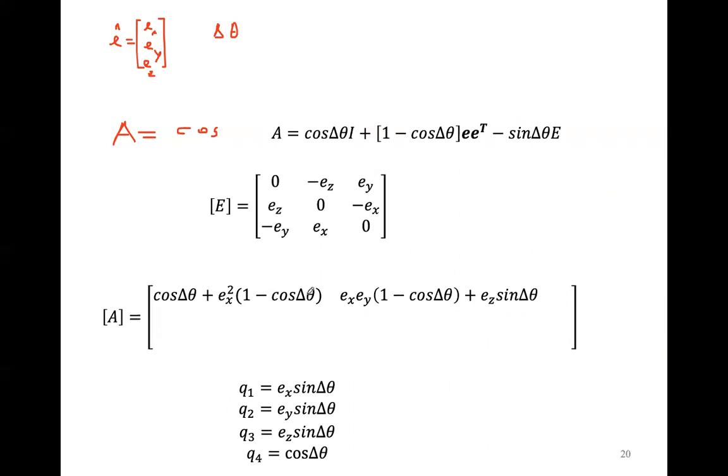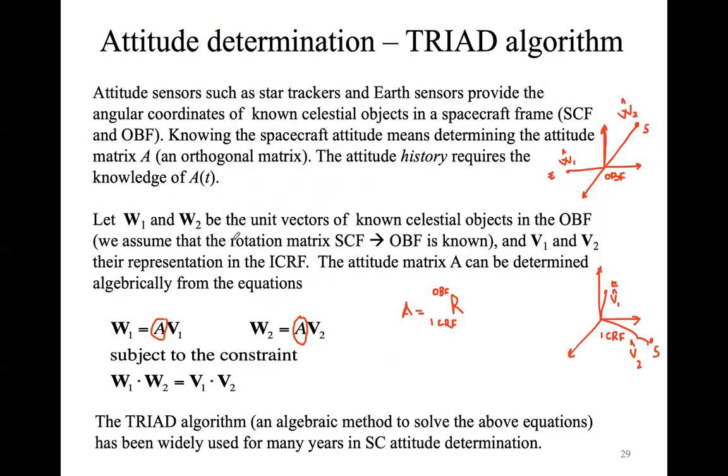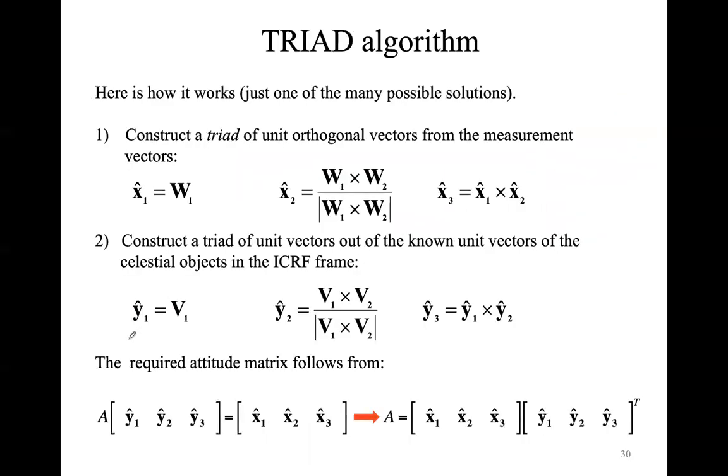But we know that X, Y, and Z are not independent, so this matrix can be given by only 3 parameters. So here, indeed, we are over-parameterizing the problem because we are using 2 versors that have 4 independent parameters. To construct the matrix, we need to do this kind of procedure.